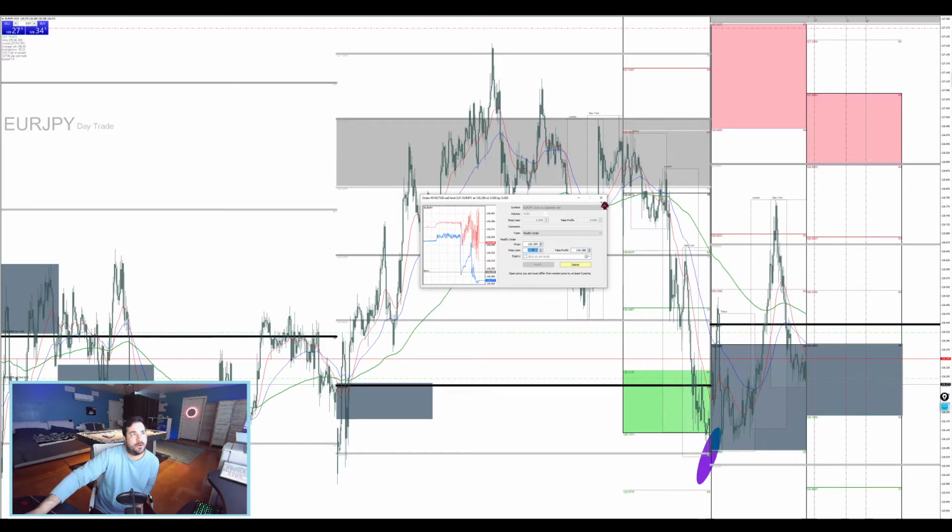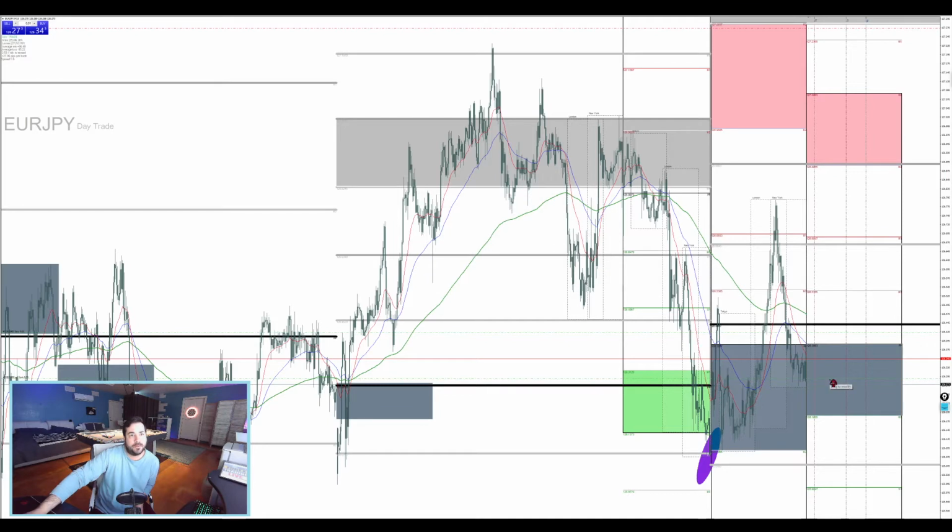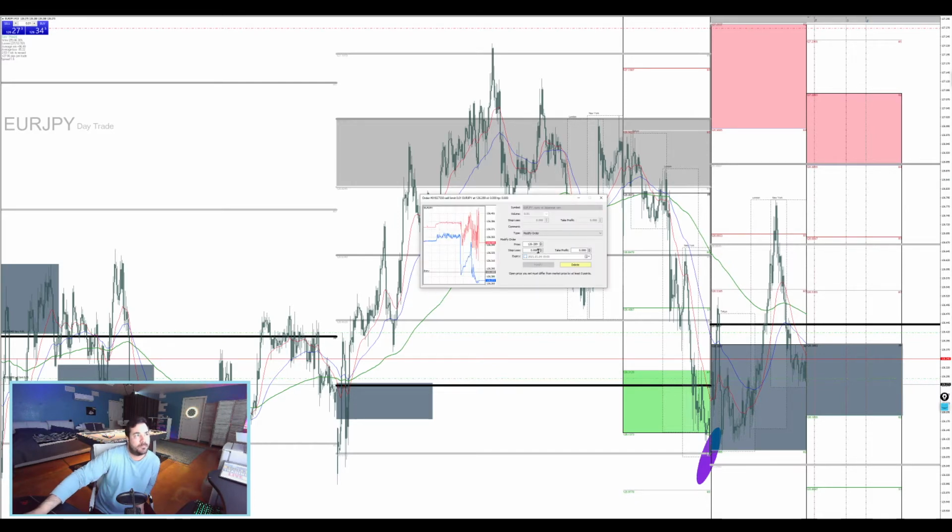It's not letting me modify. Why won't it? Oh, you know what?